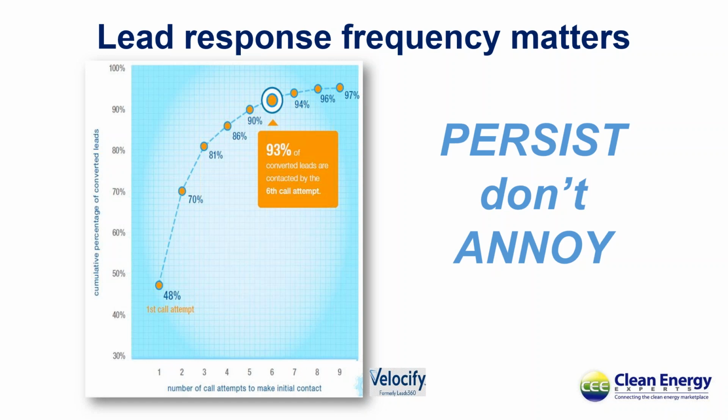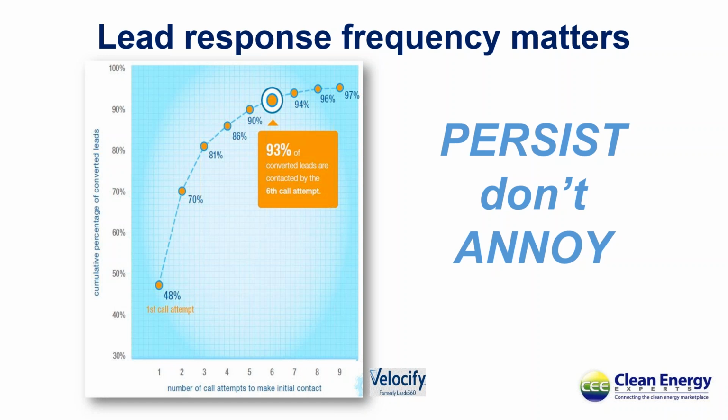So 48% of leads, if called within the first minute, are converting to an opportunity for you. On the 2nd call attempt, and we're going to get into timing on the 2nd, 3rd, 4th call attempts, if you follow the schedule, 70% of converted leads happen by the 2nd phone call, and so forth.